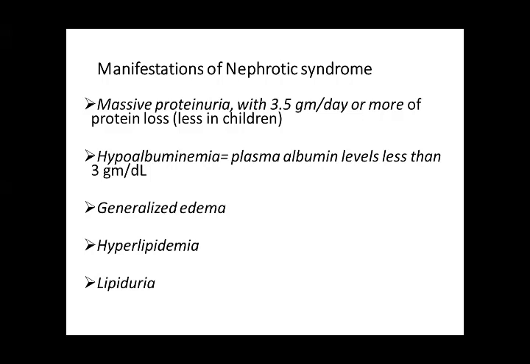This leads to hyperlipidemia, right? So hyperlipidemia is a consequence of increased protein making by the body when it tries to repair the loss. And this lipid, when lost in the urine, causes lipiduria, right?